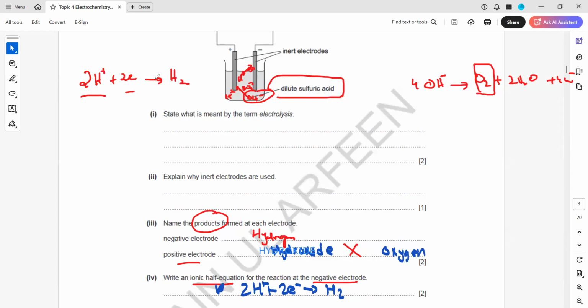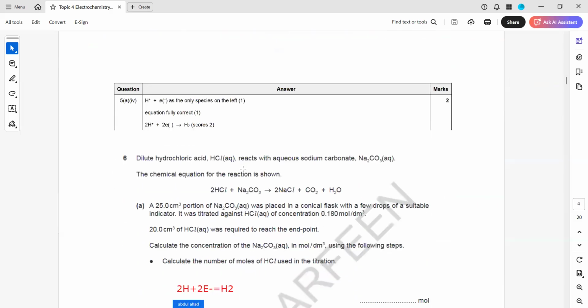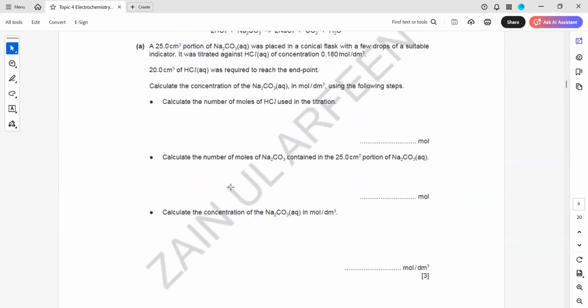Two hydrogen ions take 2 electrons and produce hydrogen gas, and as a result we'll observe bubbles, fizzing. Yes, 2H+ plus 2e-. The e should be small here.